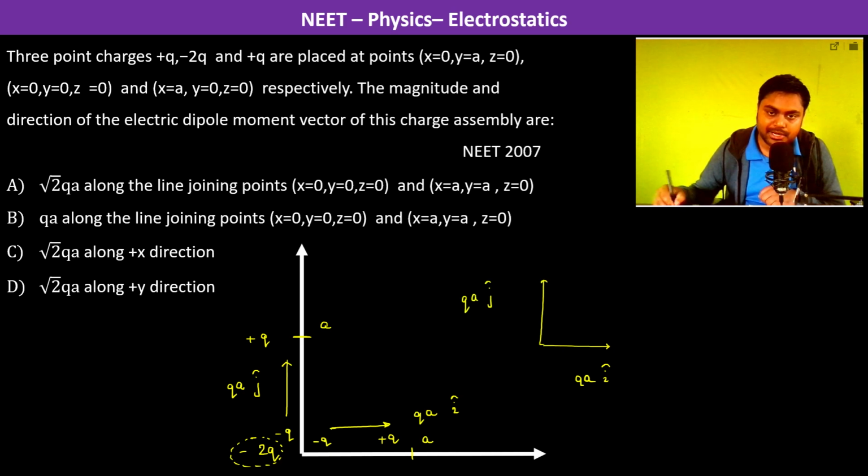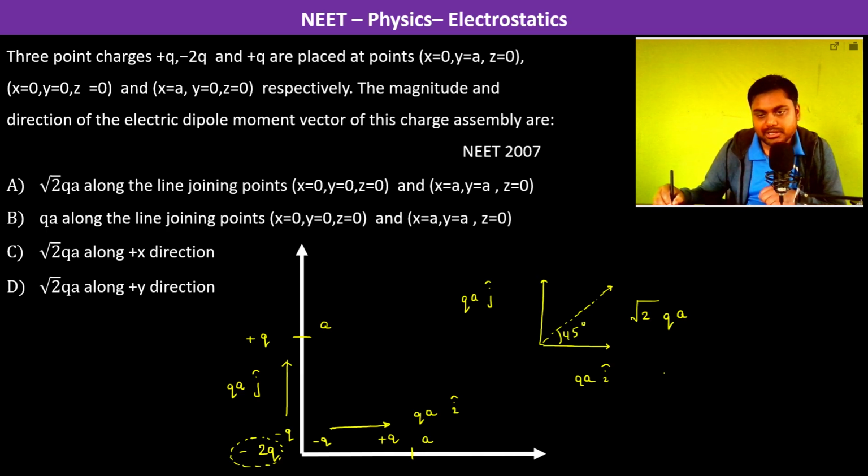So therefore the net will be the resultant vector, which is root 2 qa. Okay, and this will be at an angle of 45 degree.